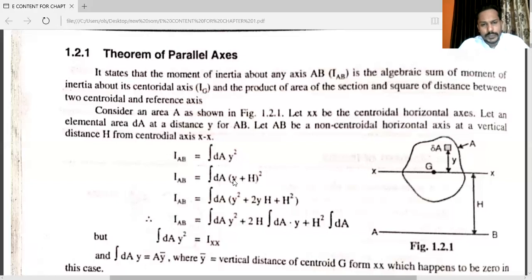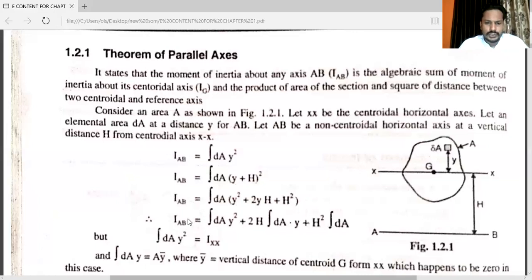We know that (a plus b) whole square is nothing but a square plus 2ab plus b square. According to this, the next step is moment of inertia about AB is equal to integration of dA into, in bracket, y square plus 2yh plus h square.